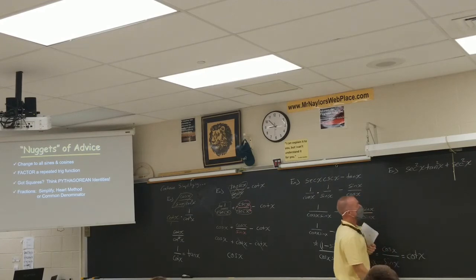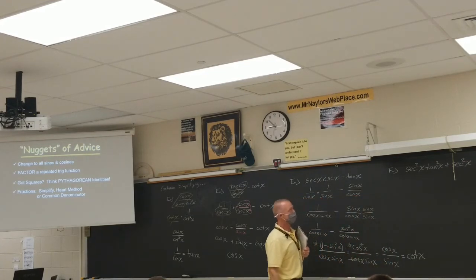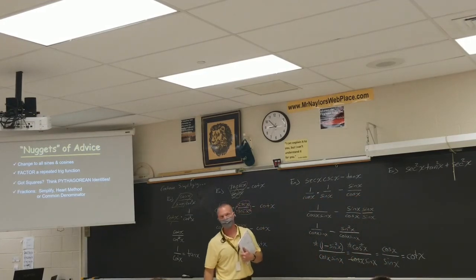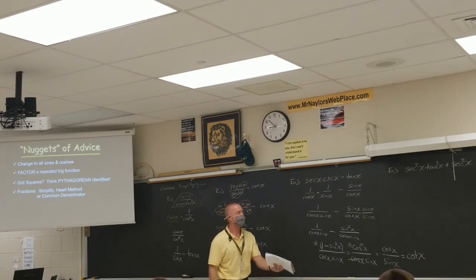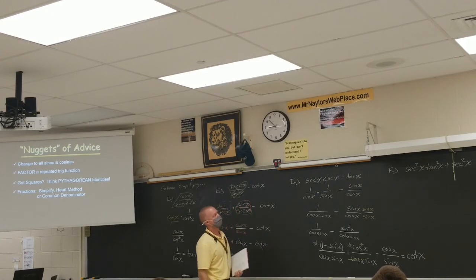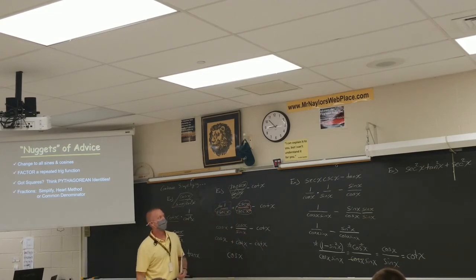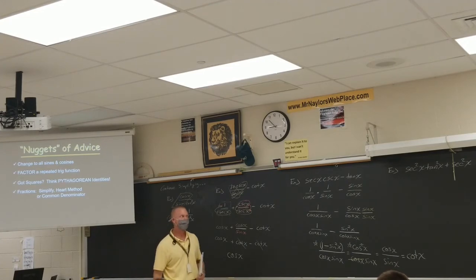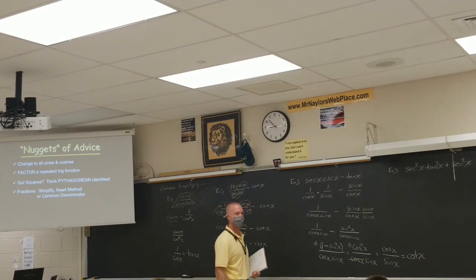We've got secant squared times tangent squared plus secant squared. After we do this problem, I'm going to give you a problem to try to do on your own. But let's just talk about this. It's a good review question.